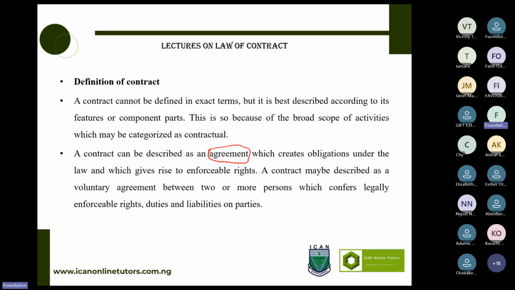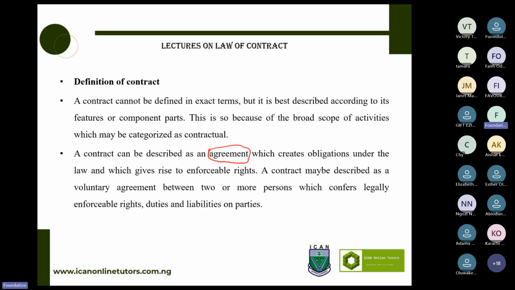Now, any agreement between two or more persons that have intention of having a legal backing, or that is legally enforceable, is what we refer to as what? Agreement. And most of the time, it's always good for a contract to be signed, whether physical sign-off or electronic sign-off.